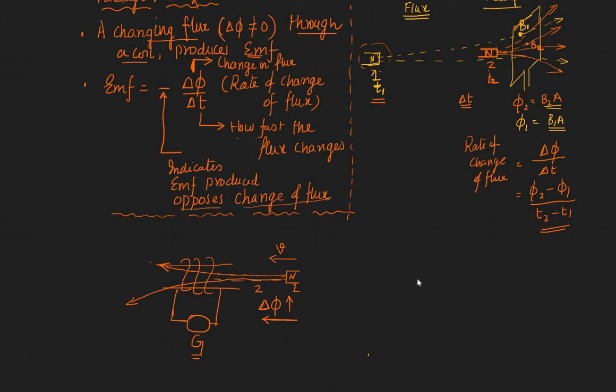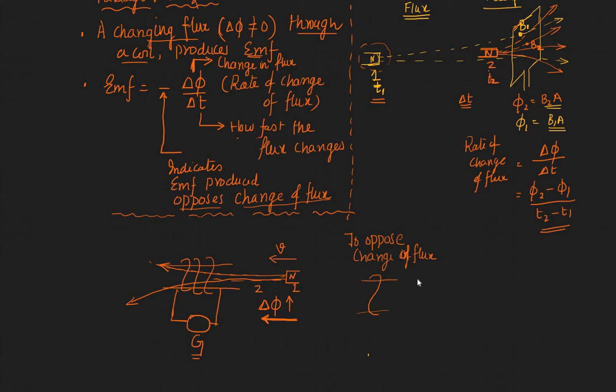So if the flux lines are increasing towards the left direction, then if you need to oppose the change of flux, the way that can happen is a current is produced in the coil.